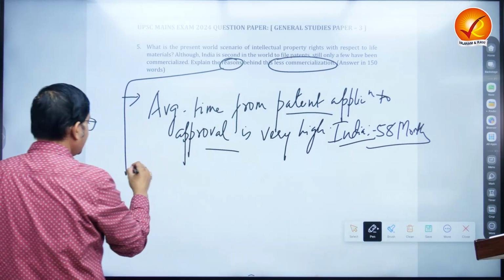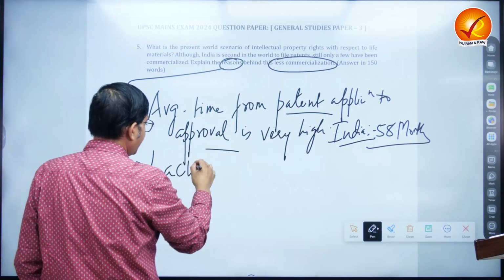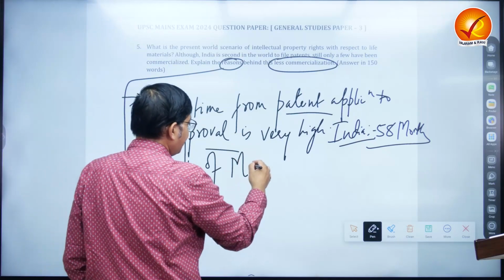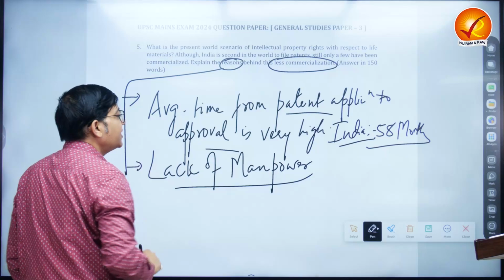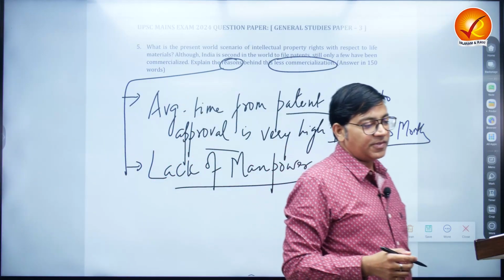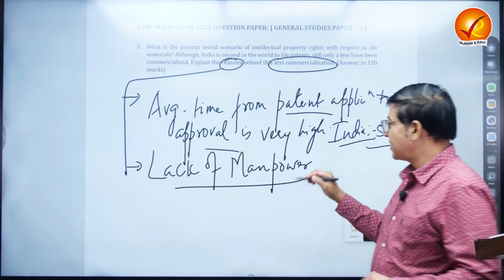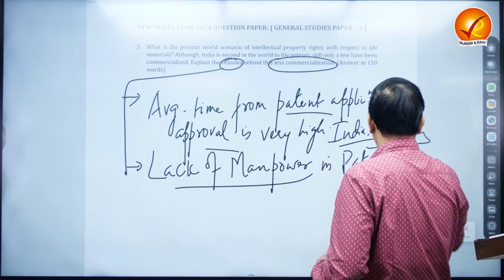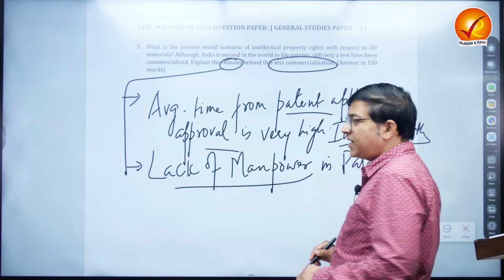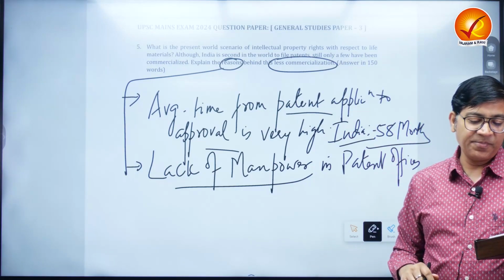Other things are also interrelated, like lack of manpower. It's difficult to remember data on all this, but if you have, you can quote that also, that how in the patent offices there is lack of manpower. That is why it takes a long time for patent to be approved.